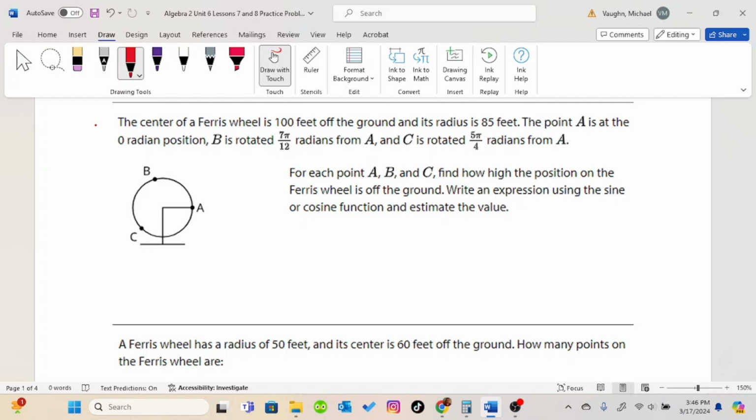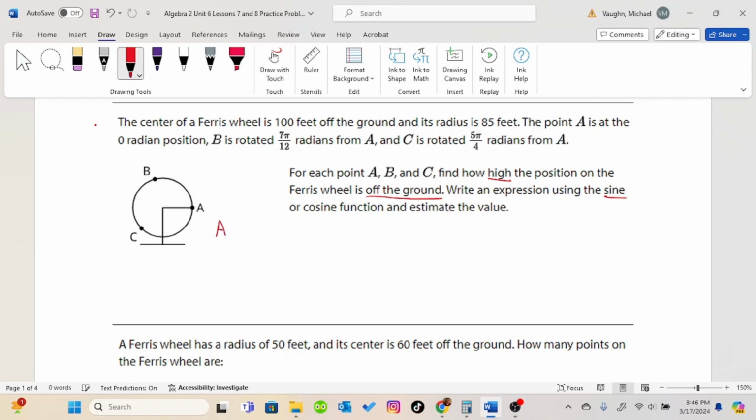So because we want height off the ground, the only thing we care about is the y value. So we are only going to use sine and not cosine.